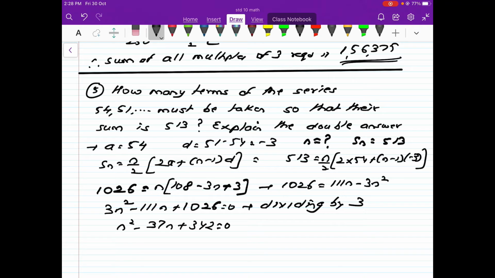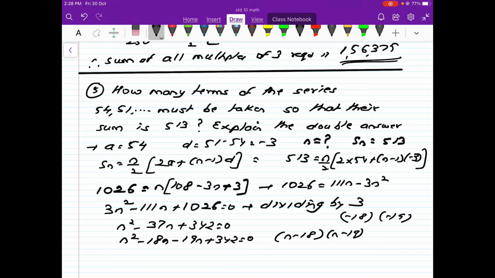The options for it are minus 18 and minus 19. So we can write this as n square minus 18n minus 19n plus 342 is equal to 0. So n minus 18 into n minus 19 is equal to 0. So n is equal to 18 or n is equal to 19.